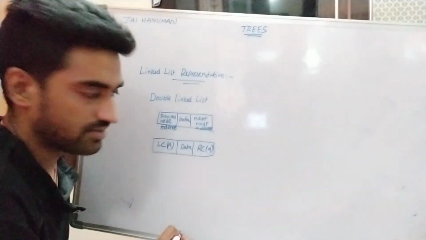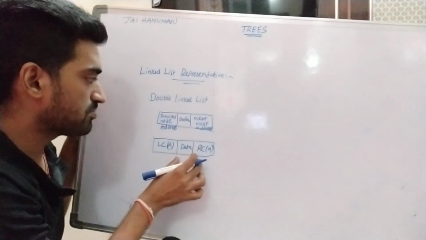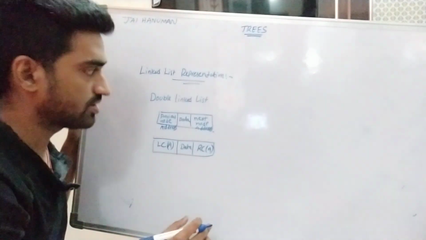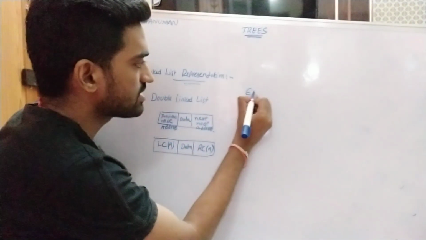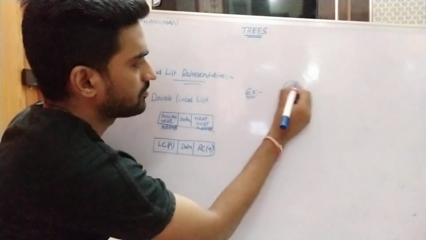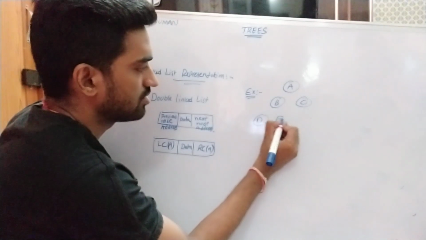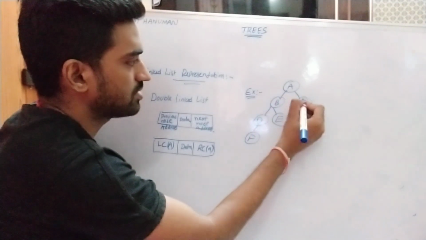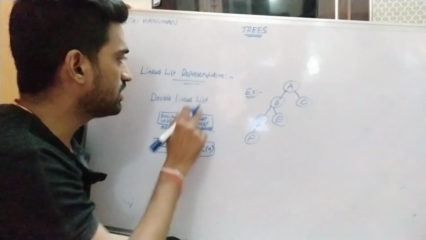Based on this representation, I represent a binary tree with the help of a double linked list. Here I am taking one example: A, B, C, D, E, F. This is our binary tree.